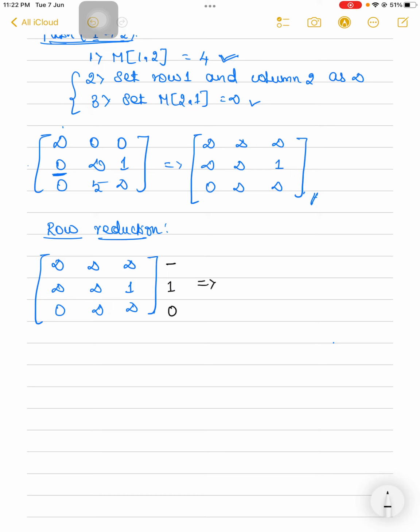After identifying the row minimum, we subtract it from the entire row. The first row remains the same. Second row: infinity minus 1 is infinity, again infinity, 1 minus 1 is 0. Third row: 0 minus 0 is 0, 0 minus infinity is infinity, again infinity. Row reduction is over. The next step is performing column reduction.